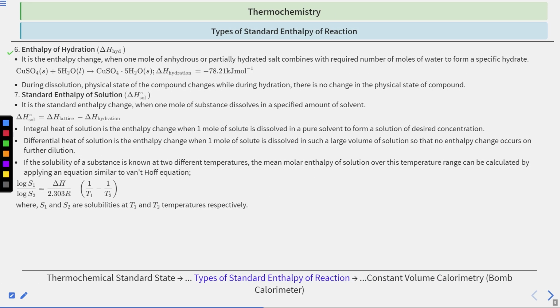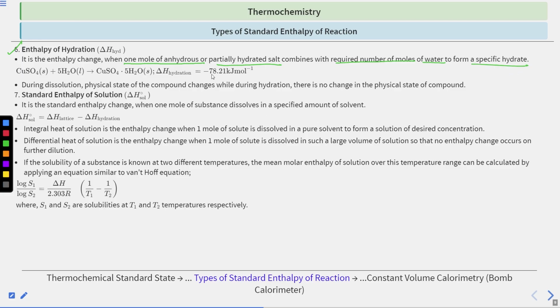Next, sixth, enthalpy of hydration, delta H hydration. So it is the enthalpy change when 1 mole of anhydrous or partially hydrated salt combines with required number of moles of water to form the specific hydrate.